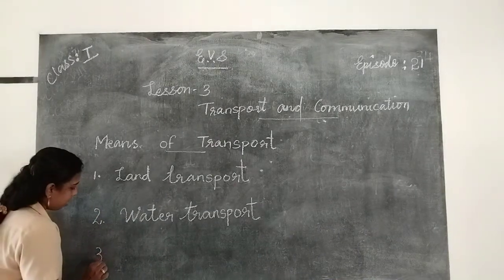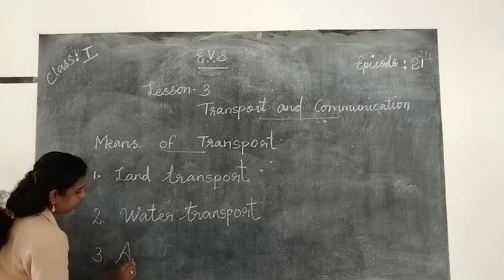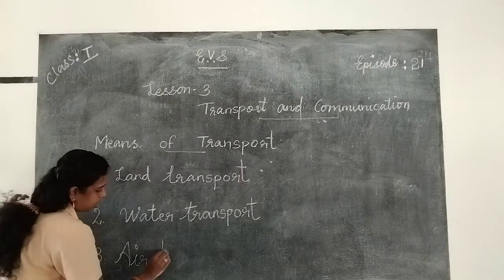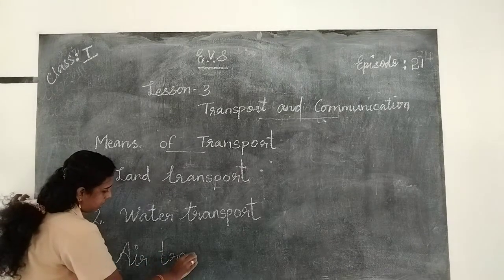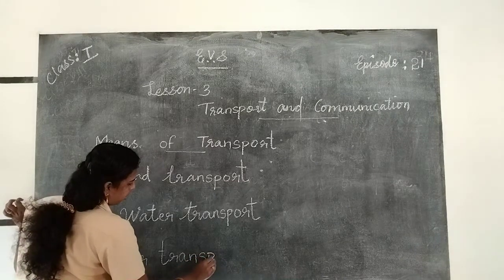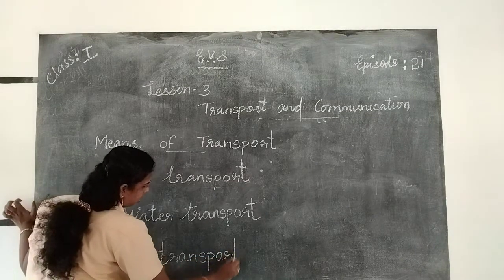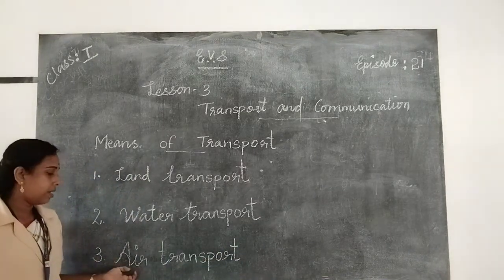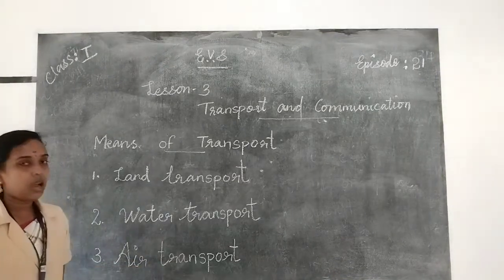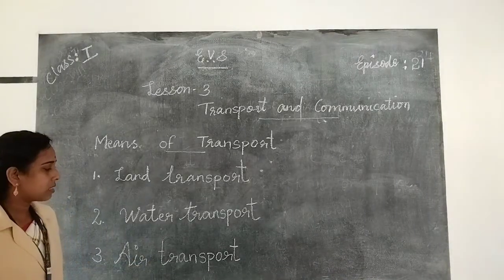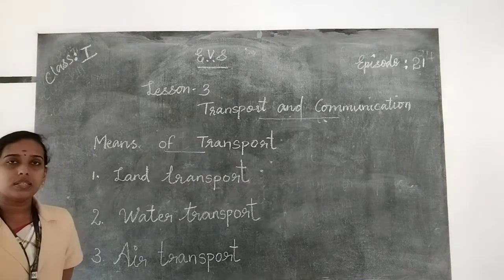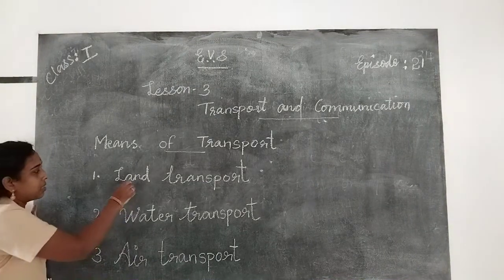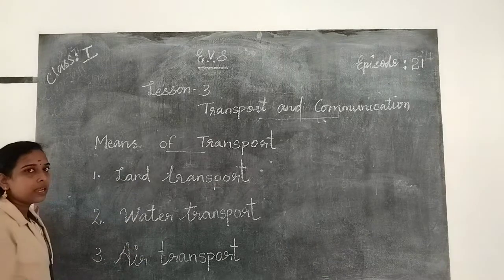And the third one, it's air transport. A-I-R, air transport. T-R-A-N-S-P-O-R-T, transport. So these are the three main means of transport: land transport, water transport, air transport.